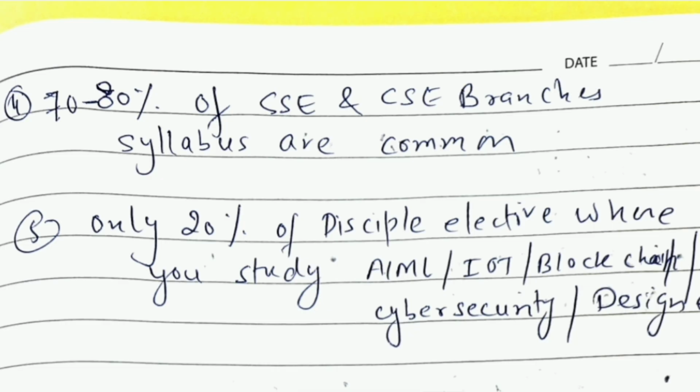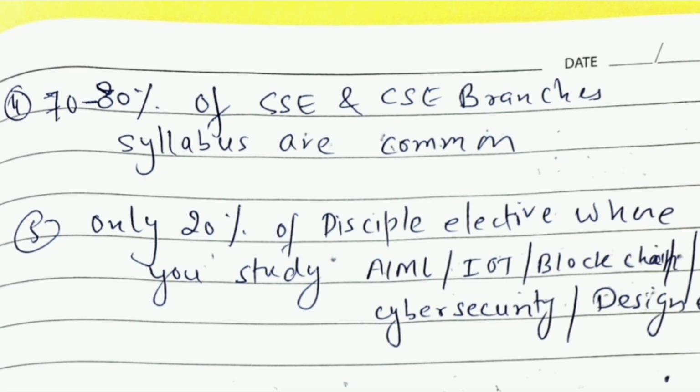Now, again, from the trend perspective, if you are considering CSE specialization branches, you should understand that 70 to 80% of the syllabus of CSE and the CSE specialization branches is common. It is the same subjects you are taught in both, in the same depth. So somebody who is considering CSE specialization branches is as good as 70 to 80% CSE.